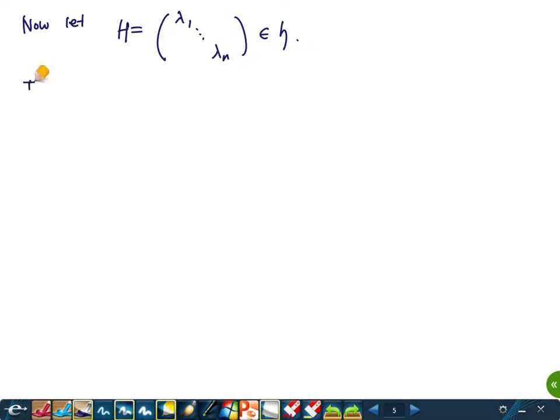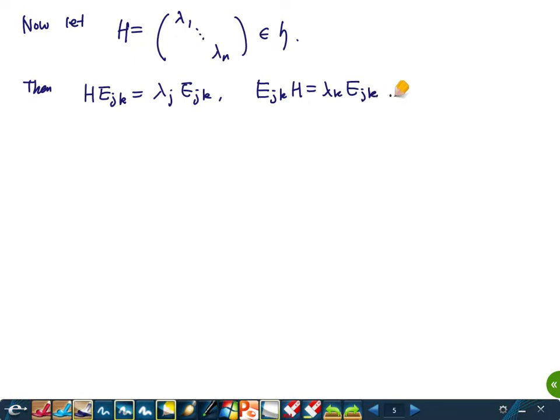Then let's compute H times E_JK. It's a diagonal matrix, so it's easy to multiply. It's going to be lambda_J E_JK. And E_JK H is lambda_K E_JK.